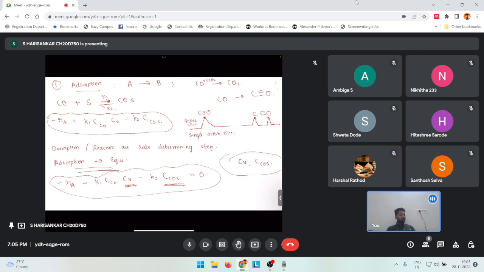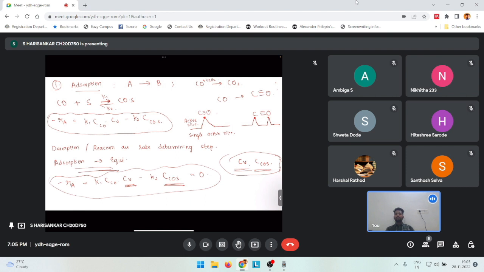So what we can do is try to find ways to eliminate these terms from your reaction rate equation, from the rate determining step. That is basically how we proceed with such cases. While working out this example, I hope you will get more clarity on this. Let us proceed with this case here.